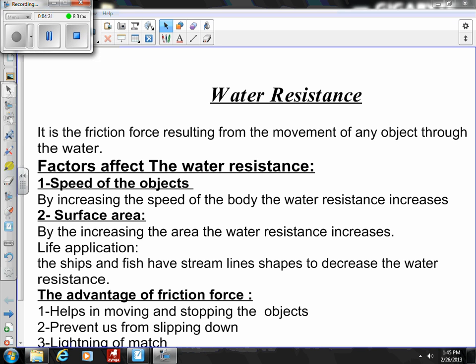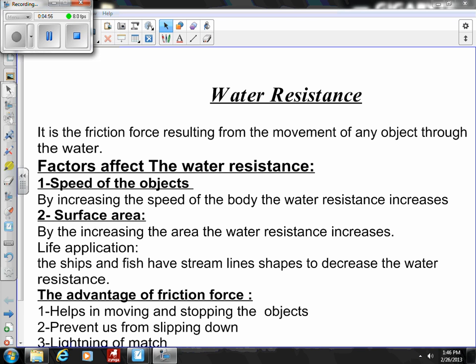And here, if we apply the same, God gave most of the moving objects in water also a streamline shape, to reduce the water resistance.